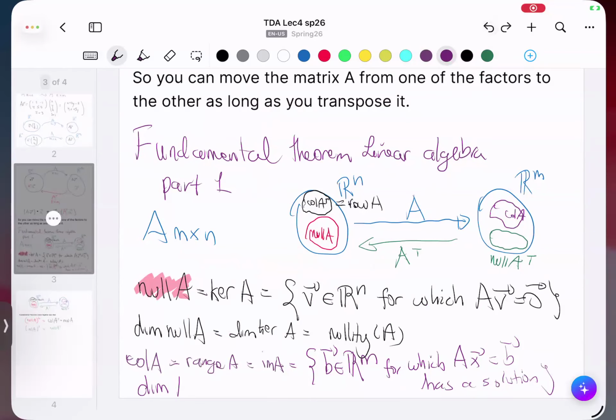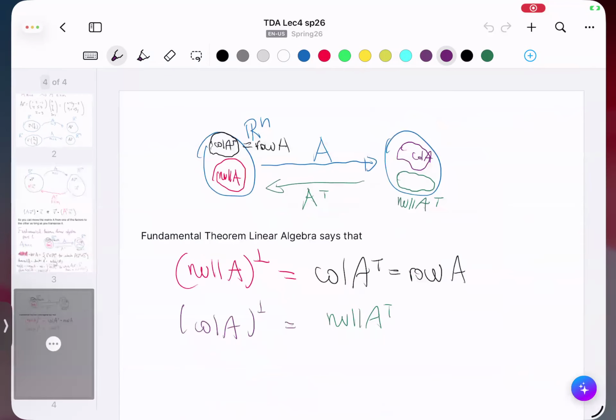But in a more elegant way, you can define the rank as the dimension of the column space of the matrix. Of course, we're not going to get to the proof for this because it's a tangent to our course.